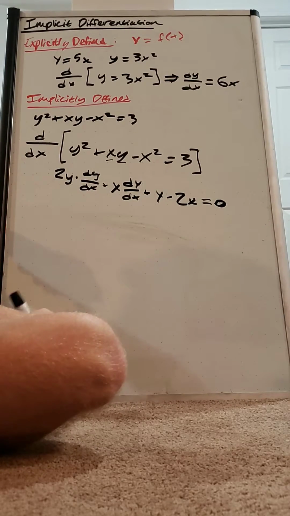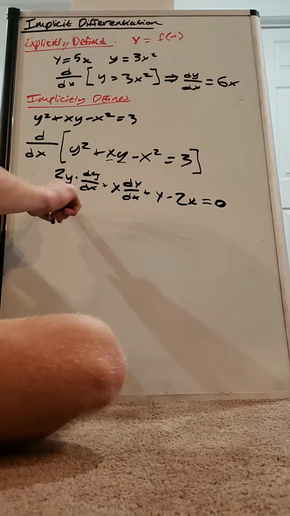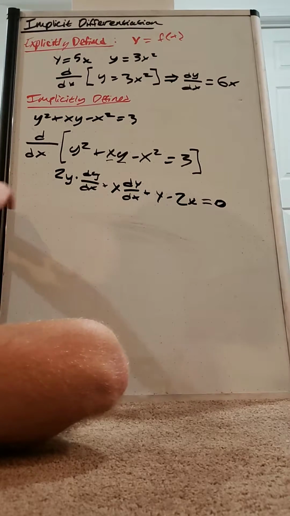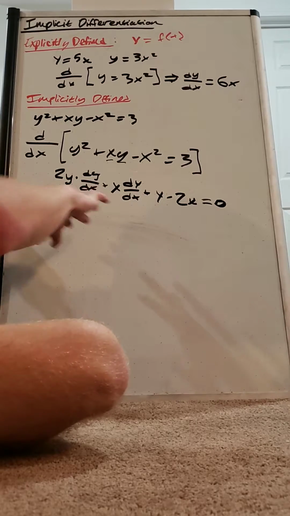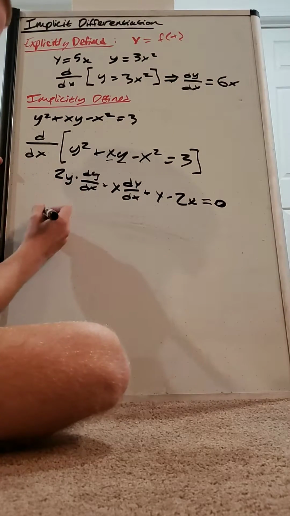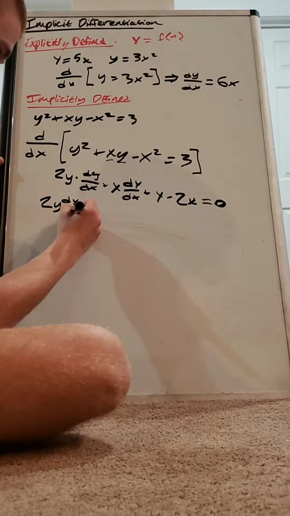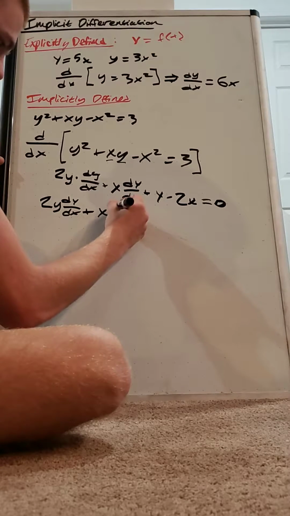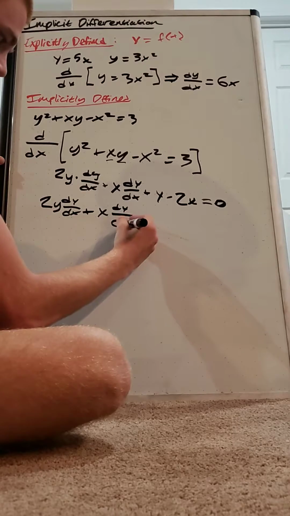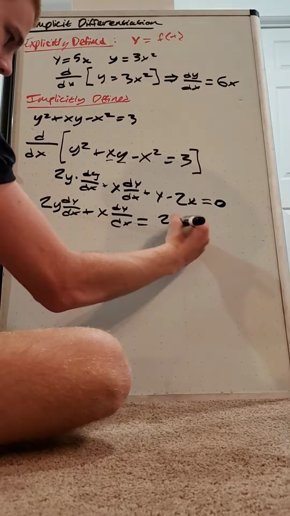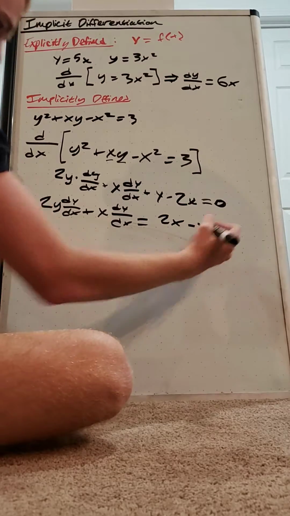Whenever we're doing implicit differentiation, it's always going to ask you to solve for dy over dx. The way to do that is get everything that's not dy over dx to one side, and then factor it out. So we have 2y dy/dx plus x dy/dx, and then we move the rest to the other side, so we get 2x minus y.